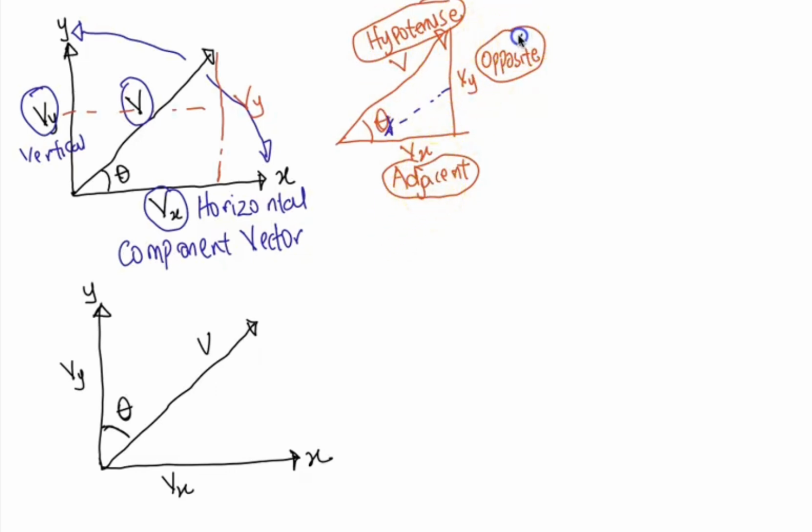So when we treat opposite and hypotenuse, we have sine. So remember our trigonometry where we have SOH CAH TOA. So the sine is opposite over hypotenuse. So in this case, sine theta is equal to opposite over hypotenuse.